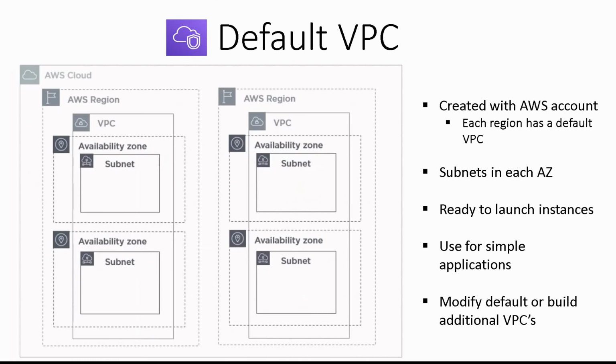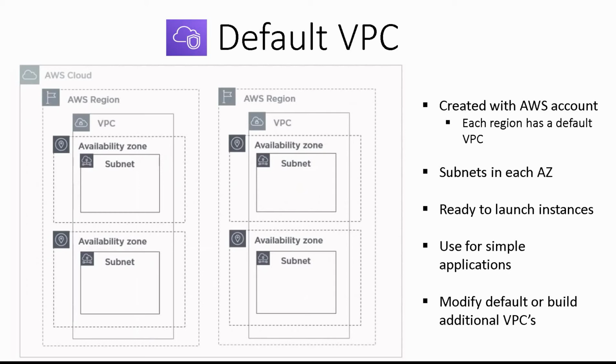For simple use cases, generally for a POC kind of thing, or for people who are not comfortable with the networking area, they can quickly go with the default VPC. The default VPC is something AWS gives us so that for small POC purposes you don't need to worry about creating a VPC, subnet, or availability zone.